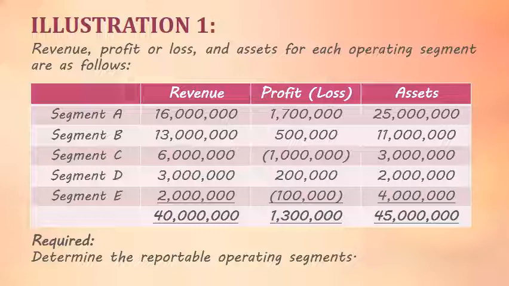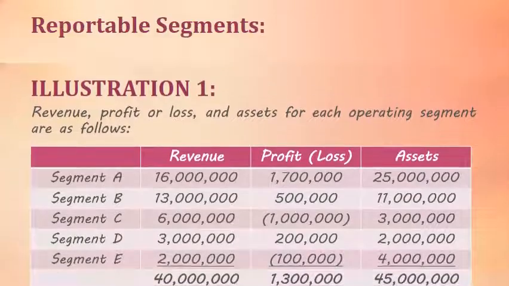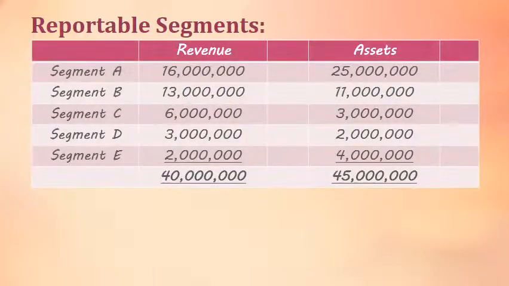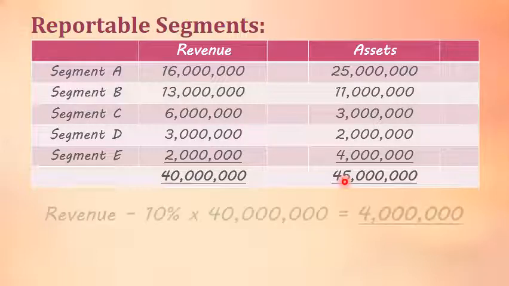Okay. Ngayon, i-apply natin yung theory or concept. So, first, dito muna tayo sa revenue at saka sa assets ng segments A to E. So, what we have is 40 million total revenue and 45 million total assets.